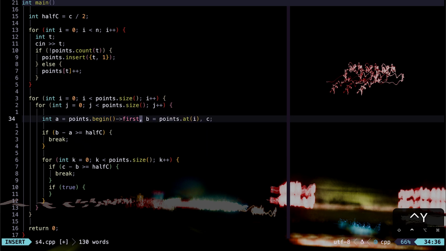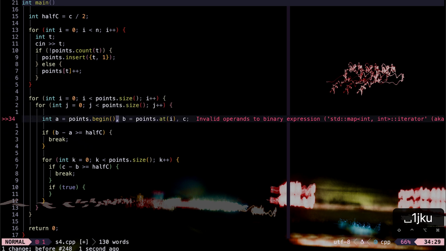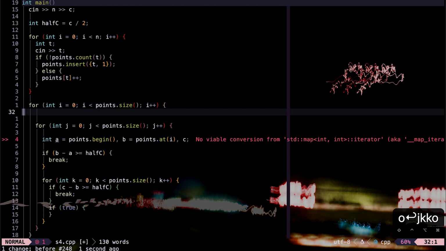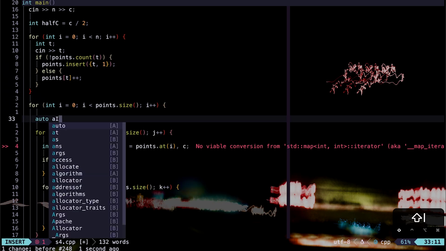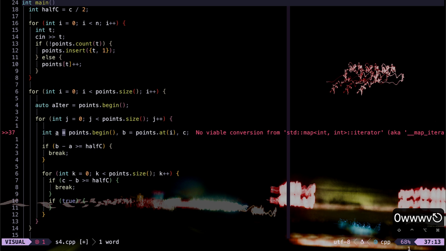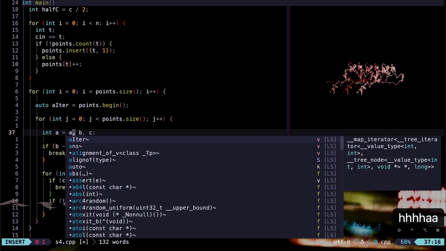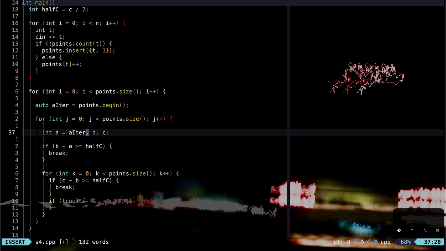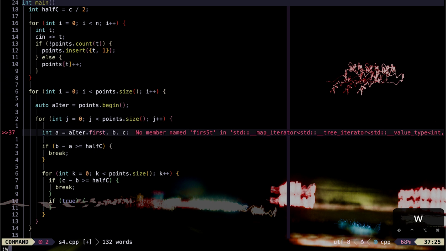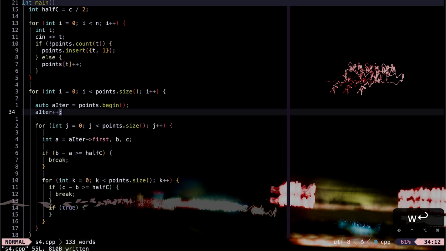Begin, begin plus 1. Auto, let's say a iter equals begin and a iter plus plus.